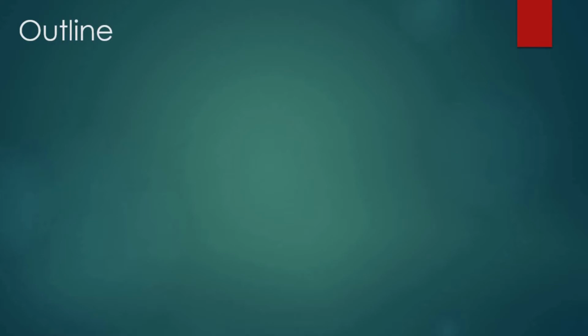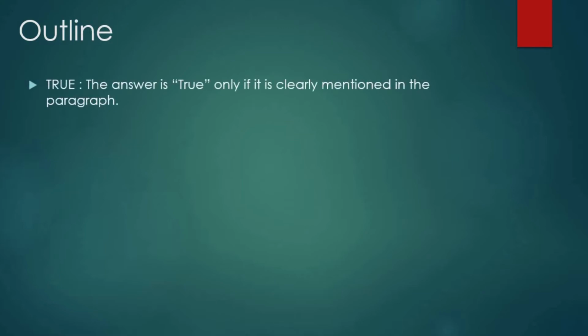Before we do some practice examples, let us discuss some facts related to these types of questions. You should only choose true if the statement is clearly mentioned in the paragraph or passage. If you have even the slightest doubt, then never choose true as your answer.